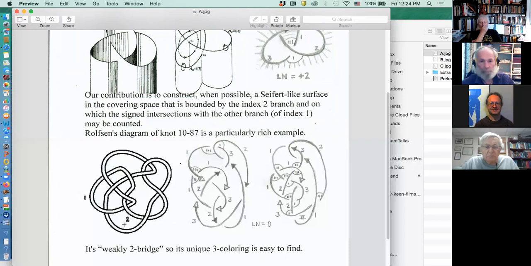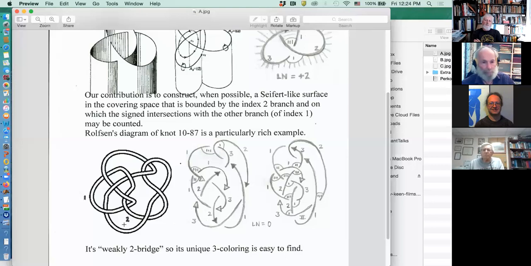And then the other thing is there are some theorems I show for manipulating tricolored crossings. You can take a tricolored crossing and you can replace it by a reverse double crossing. That will preserve the tricoloring. And if you do that, that changes the linking number of the branches by a factor of 2 times the sign of the crossing you reverse.